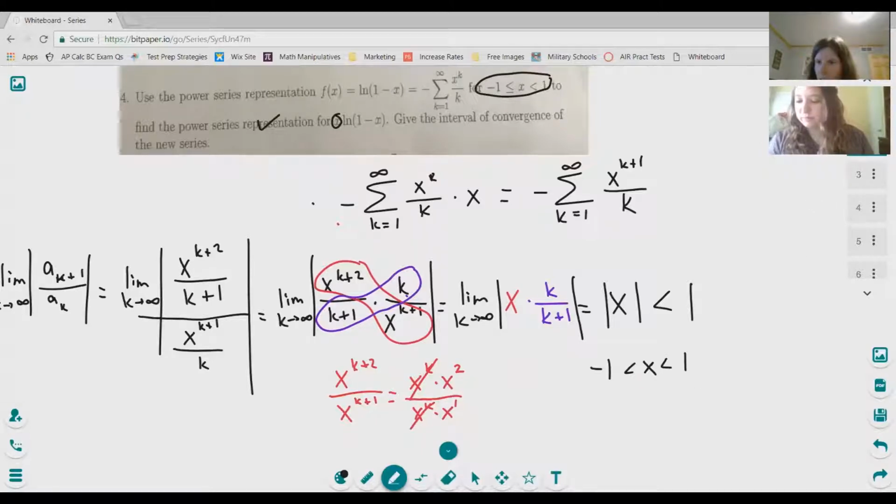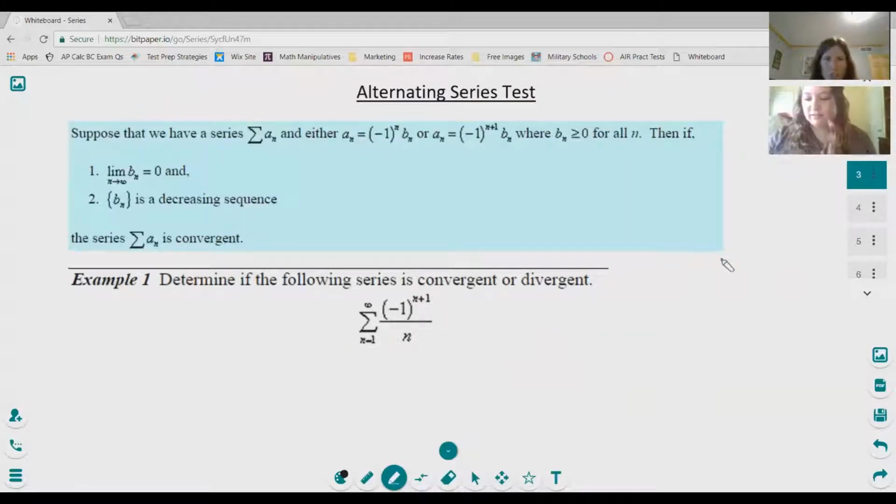Okay. So then wanted to look at the alternating series test. The reason it's called alternating is because the signs alternate. So something like if your series was 1 minus 1/2 plus 1/4 minus 1/8, and so on and so forth. If your signs alternate, that will be an alternating series test.